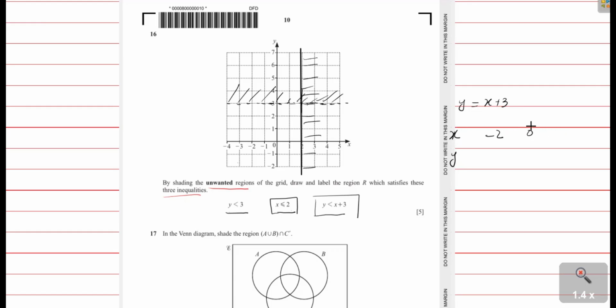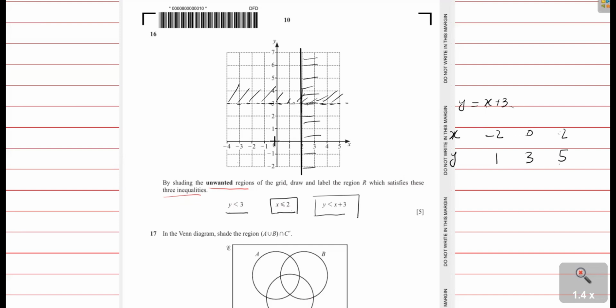We take some values of x: minus 2, 0, 2. The value of y will be minus 2 plus 3, 1; 0 plus 3, 3; 2 plus 3, 5. And these are the points against these values.